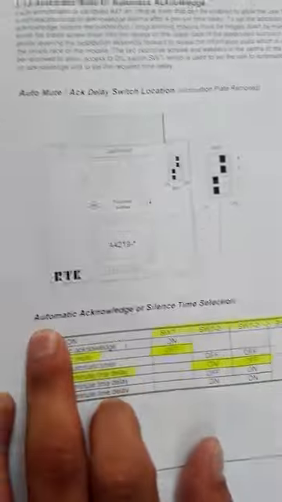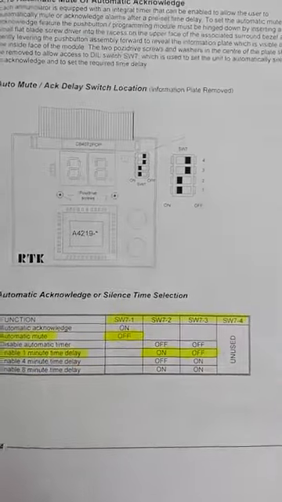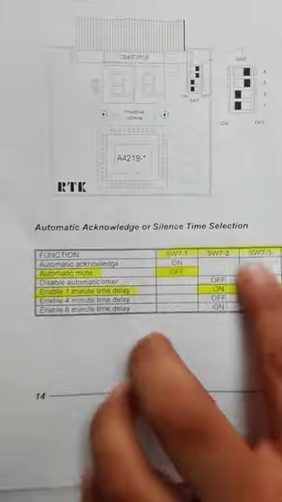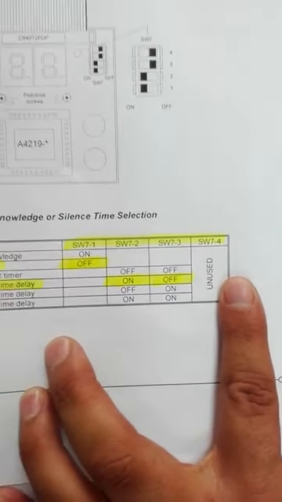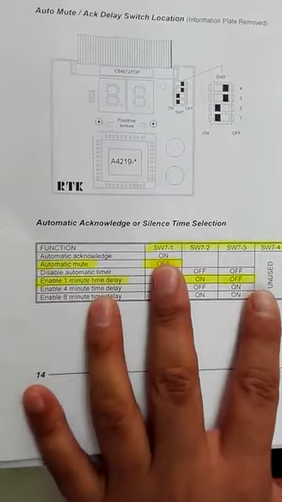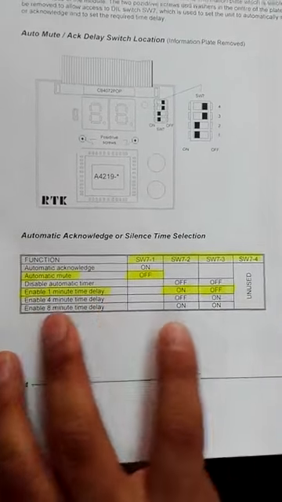First, see here: automatic acknowledge or silence time selection. Here we have the functions labeled according to the switches. We will first explain this and then show you practically.